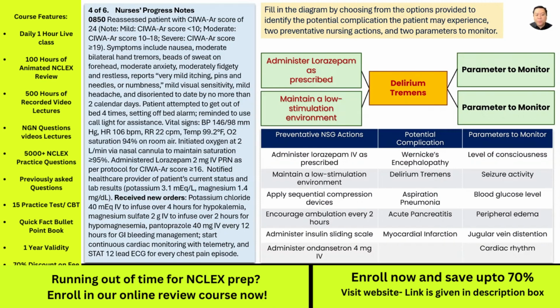Now let's move forward to the parameter to monitor. What do you think would be the 2 answers here? Well, we have the options: level of consciousness, seizure activity, blood glucose level, peripheral edema, jugular vein distension, and cardiac rhythm. So the 2 parameters to monitor should be the following: level of consciousness.